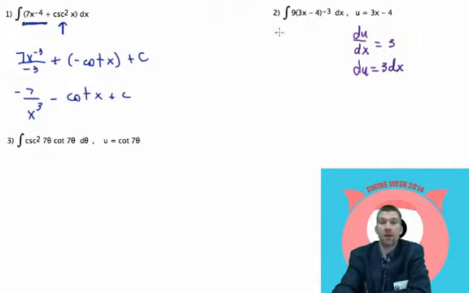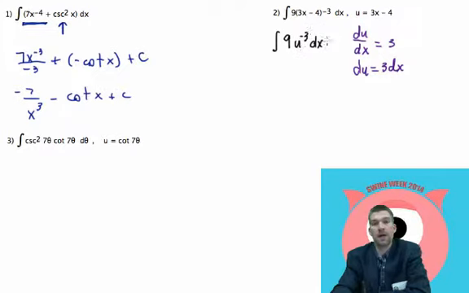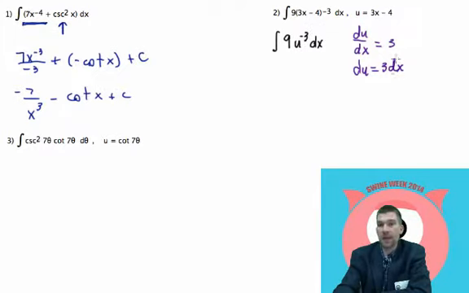For example, if I write down exactly what I've got right now, I've got the integral of 9 times u to the negative 3 dx. I cannot integrate this because I don't have the same variable all the way through. I've got a u in one spot and an x in another. But here's a dx right here.